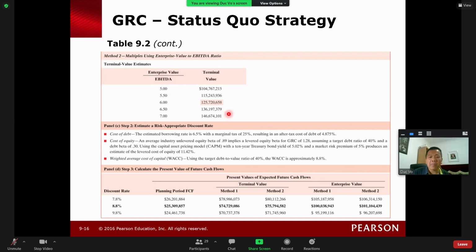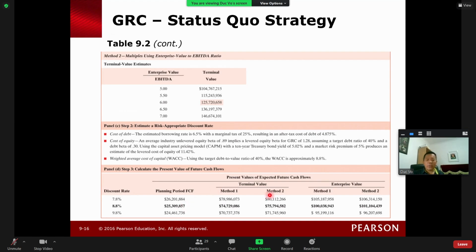What it simply tells you is that you need to run different scenarios using different discount rates, different growth rates, and different EBITDA multiples in order to get to the value of the company you want to value. And then based on that, you can define the number you believe is the most convincing figure for you.